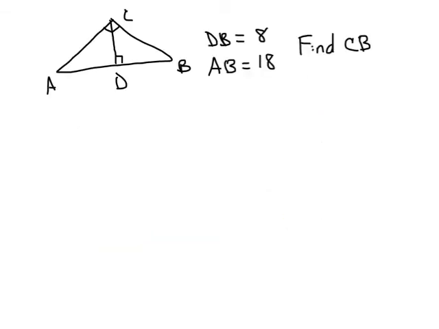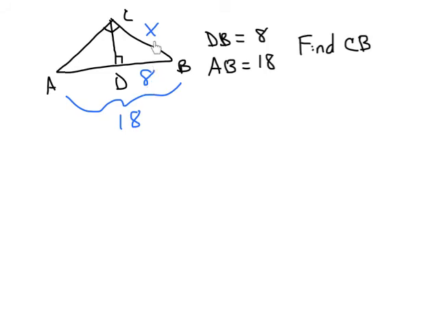So now we're going to work a couple of examples, and we choose which mean proportional we're going to use based on what's given and what we're trying to find. So in this first example, I'm given that DB is 8, and AB, the entire hypotenuse, is 18. And I want to find CB. So that's the proportional: hypotenuse, leg, leg, projection.